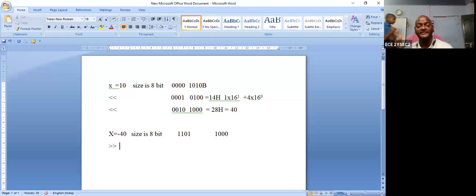That means half value. If you are performing the half value, then for this purpose you can use the signed right shift. Suppose the initial value is minus 40. If you apply the signed right shift, then what is the value? Half, divided by 2.